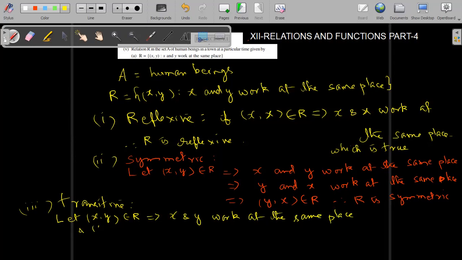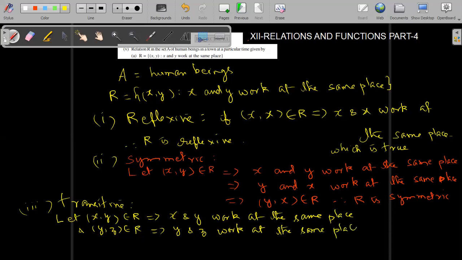And (Y, Z) also belongs to R, which implies that Y and Z work at the same place. That means all three human beings work at the same place.